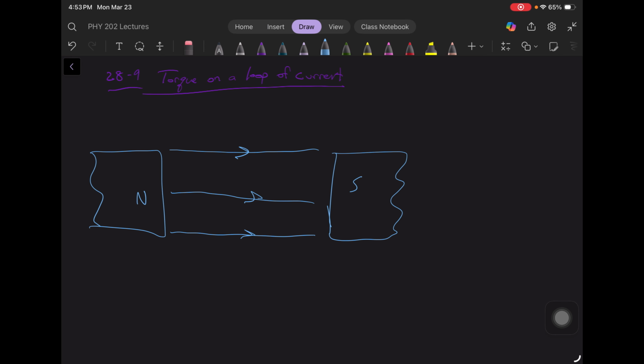it's going to be like this. We said wires are green today. And if we were to have some kind of a loop of current, and this is again where I hate two dimensions, I want this to be kind of in and out of the board.